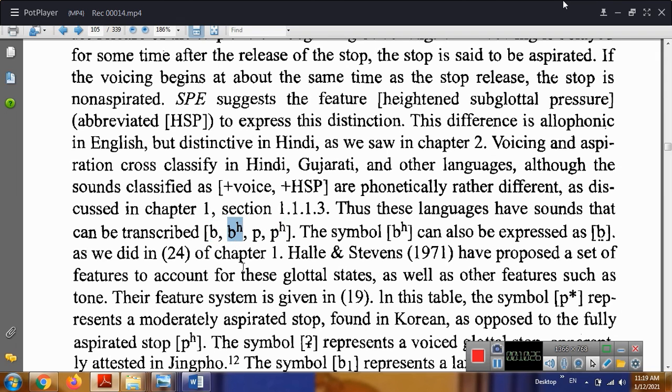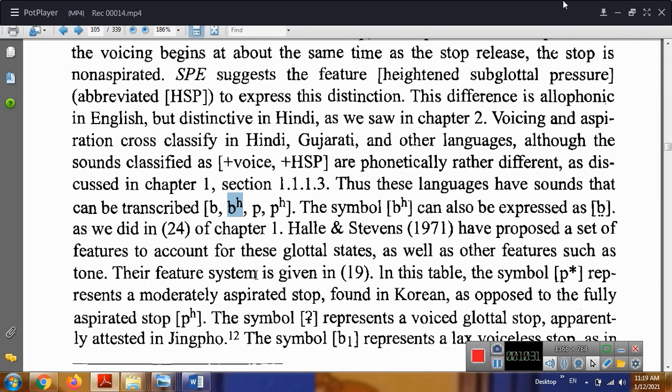In Hindi, we consider them a distinctive feature. Therefore, when we want to describe Hindi sounds, we should refer to this feature, HSP. The symbol b can also be expressed as b, as we did in 24 of the chapter.